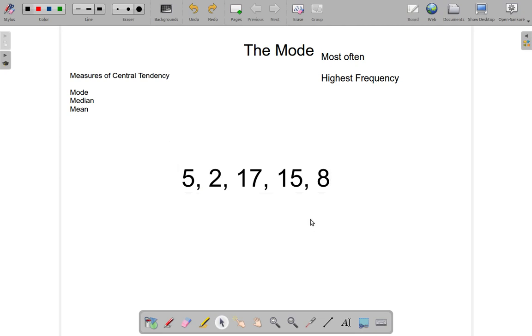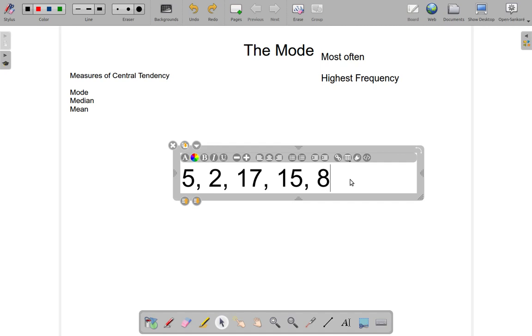Question: what is the mode? Let me see. 5 is there only one time, 2 is there once, 17 once, 15 once, 8 is there once, but there's no mode here, right? We need to have a number that is there more often than other numbers, so we don't have a mode.